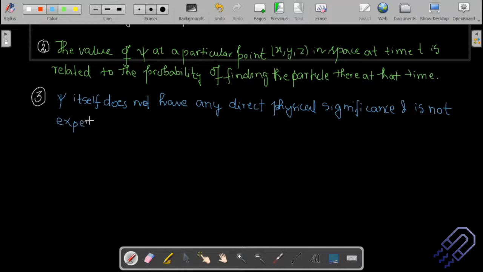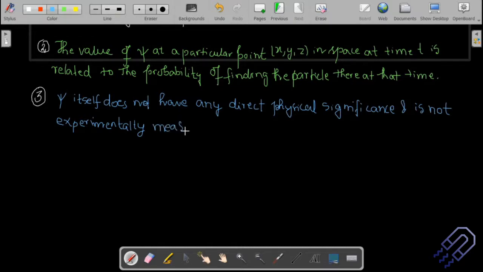And these kinds of ideas make quantum mechanics difficult to comprehend. We sometimes feel that quantum mechanics is very difficult to understand, but that's not true. You have to understand quantum mechanics from a probabilistic point of view. So psi itself does not have any direct physical significance and is not experimentally measurable.